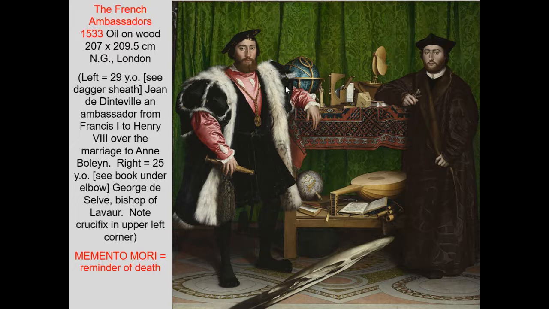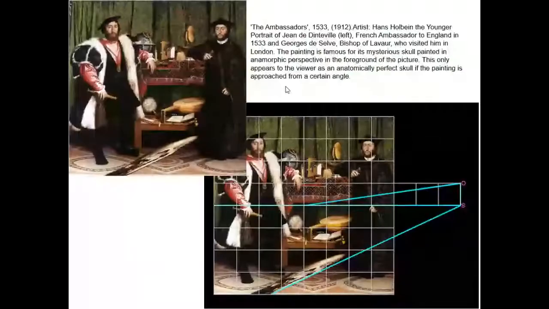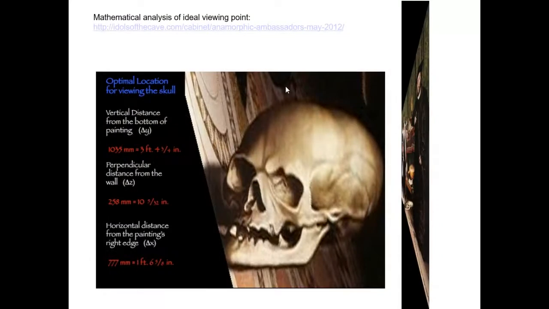If you go to the side and look across the surface instead of straight ahead onto it, that strangely distorted shape, you see it from this angle, is now revealed in this form. It changes its perspective, and suddenly it looks like a fully, perfectly proportionate floating three-dimensional realized illusion of a floating skull. It's a really remarkable accomplishment and a strangely hidden image in that portrait of the ambassadors.